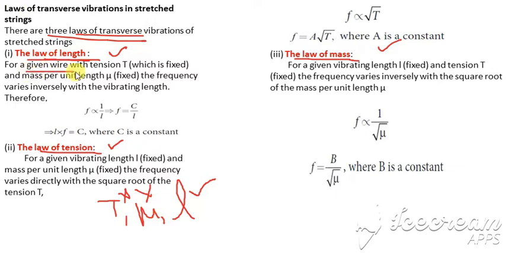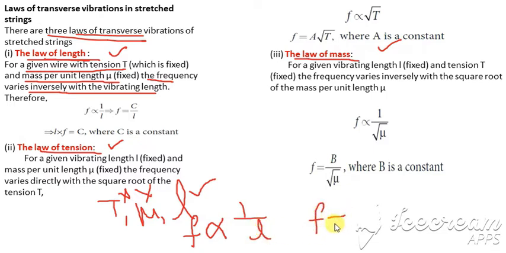So for the given wire with tension T and mass per unit length mu, which means fixed, frequency is inversely proportional to the length.